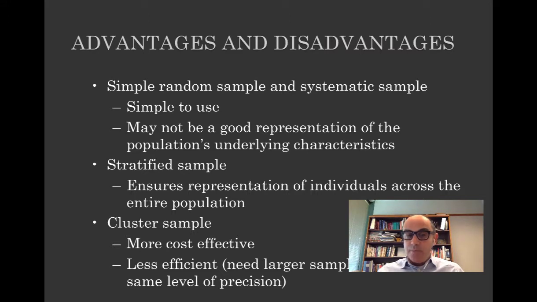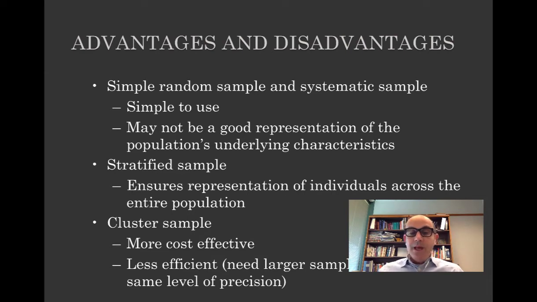Stratified sample, it is sometimes hard to get and ensure representation of individuals across the entire population. And this is really hard. We can always see it in political samples, when they have a hard time figuring out who the population is.